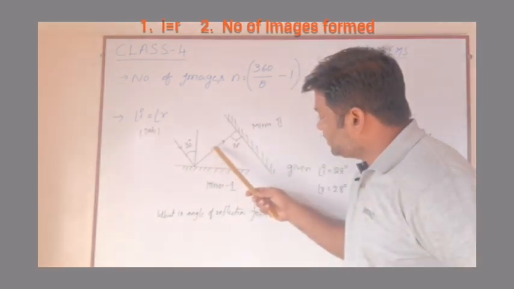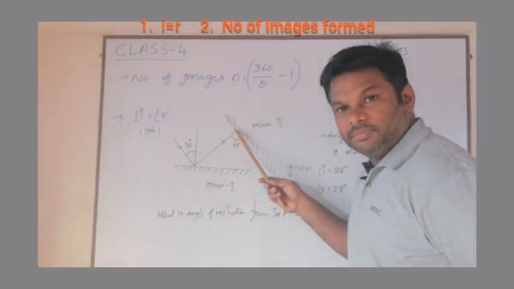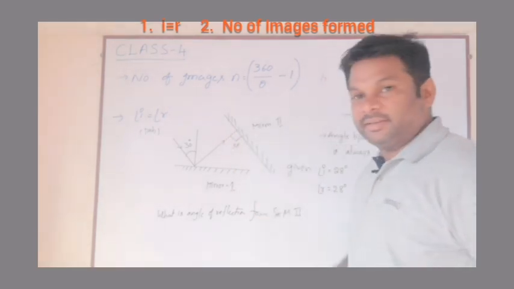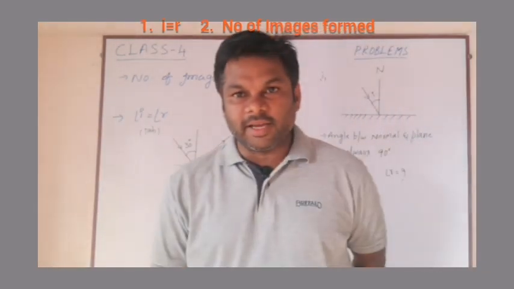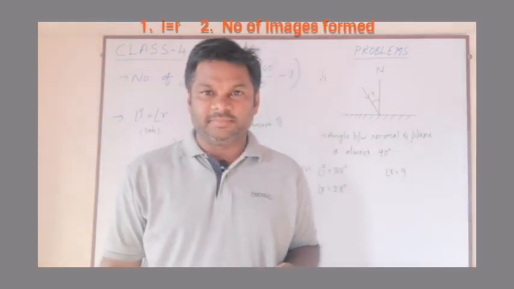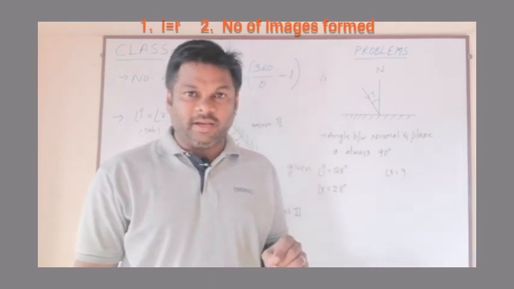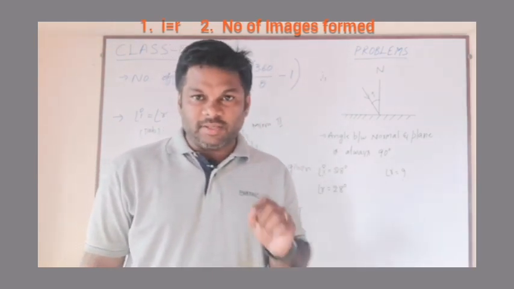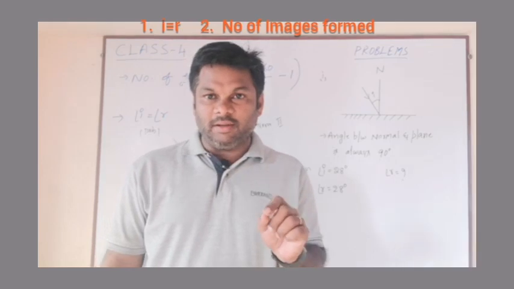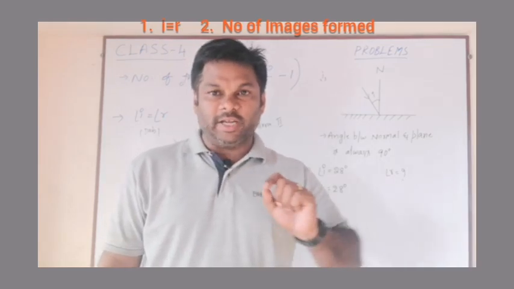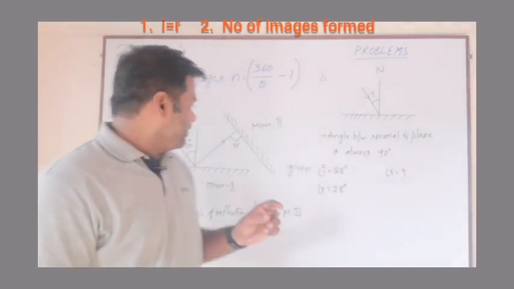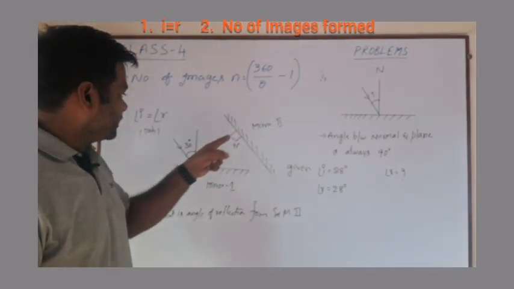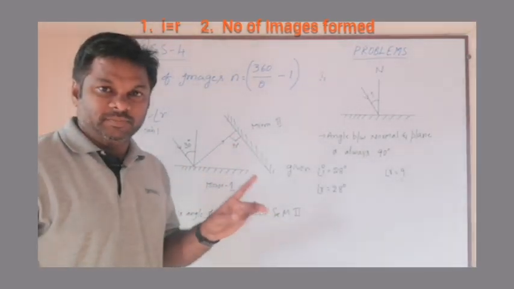This incident ray is incident on mirror 2 at an angle of 90 degrees. I am asking you, what is the angle of reflection from mirror 2?